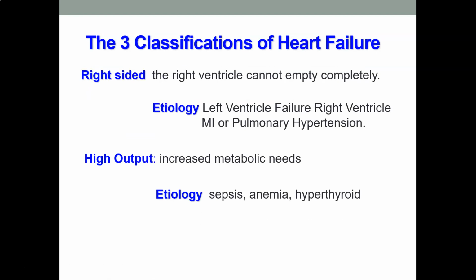Alrighty then. Moving on to the next, we have right-sided failure. Now, right-sided heart failure is when the right ventricle cannot completely empty. A lot of times the cause can be left ventricular failure leading to right ventricular failure, or it can be a right ventricular MI, and it can be pulmonary hypertension.